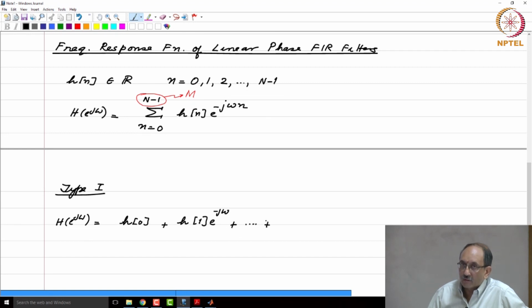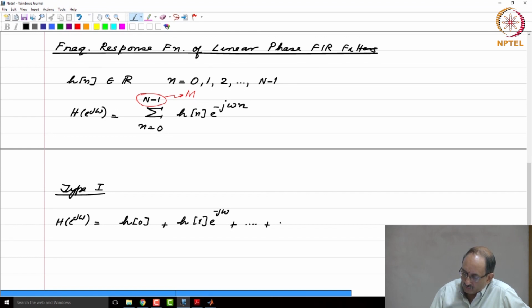Remember, this is type 1, which means the length n is odd and the symmetry is even. Therefore, if n is odd, then M, which is n minus 1, is even. Therefore, the symmetry sample is h of n minus 1 by 2, which falls on a sample, and n minus 1 by 2 is the same as M by 2.